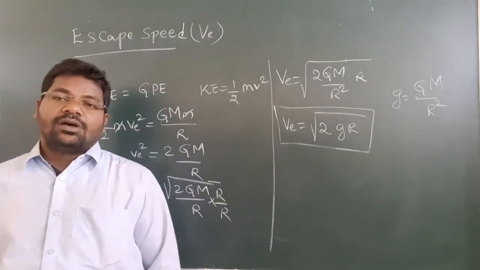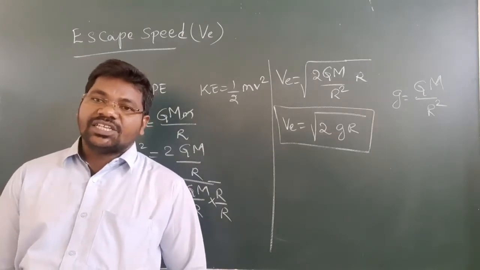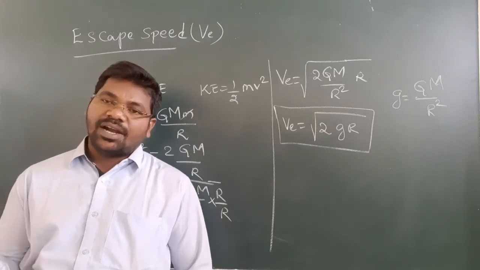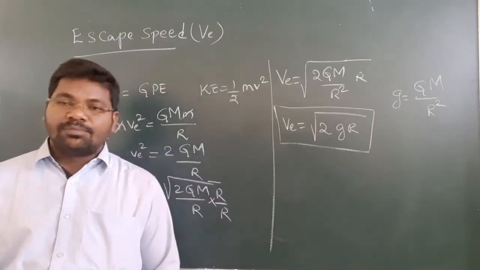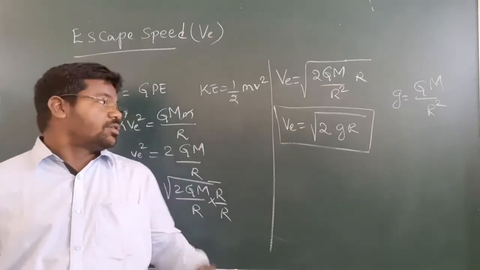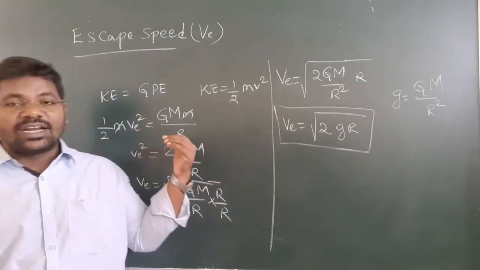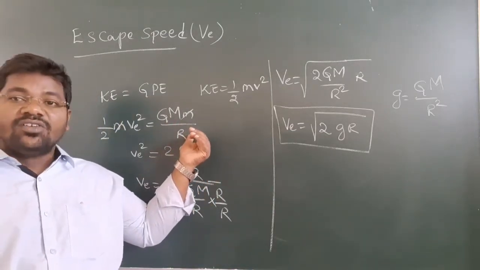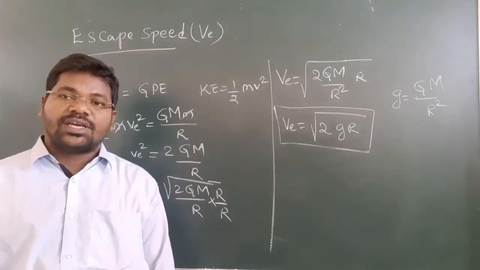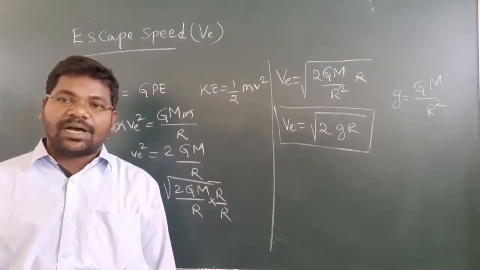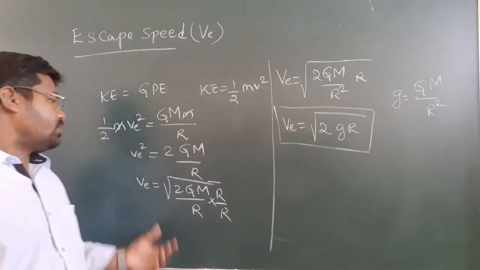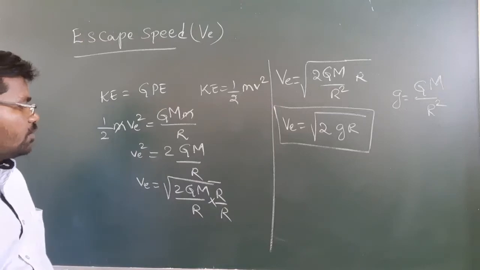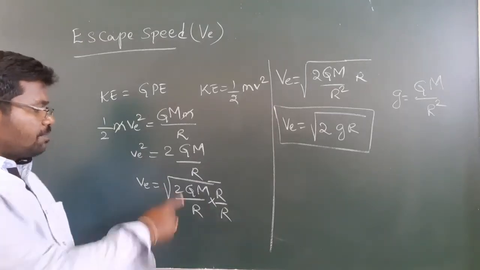In this case, the kinetic energy is equal to the gravitational potential energy. Since both are equal, the body will not come back to the earth surface. We take the magnitude, the positive value, of the gravitational potential energy. Cancelling m on both sides, we get v square equal to 2 G M by r.